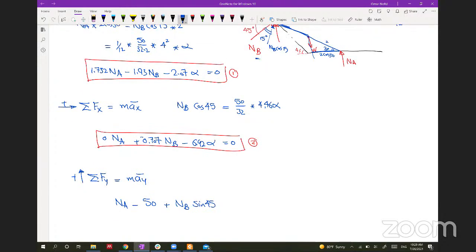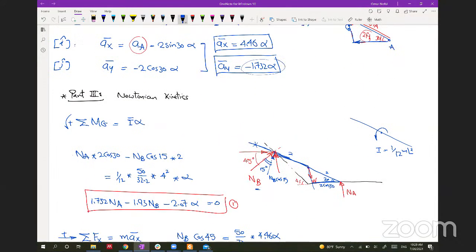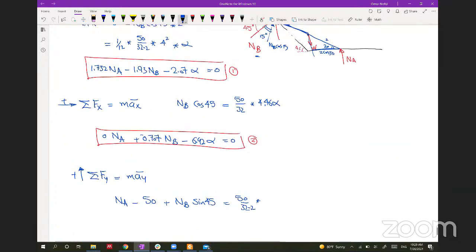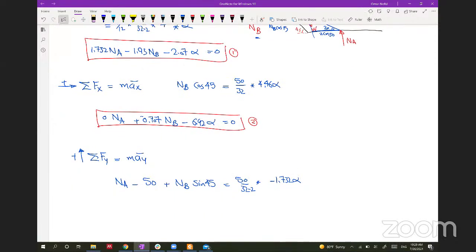And this should be equal to the mass 50/32.2 multiplied by AY, and AY, we got it here, equal to negative 1.732 alpha. After you are done, you will find that this is NA plus 0.707 NB plus 2.67 alpha, and all of this is equal to 50 after you transfer this to the other side.